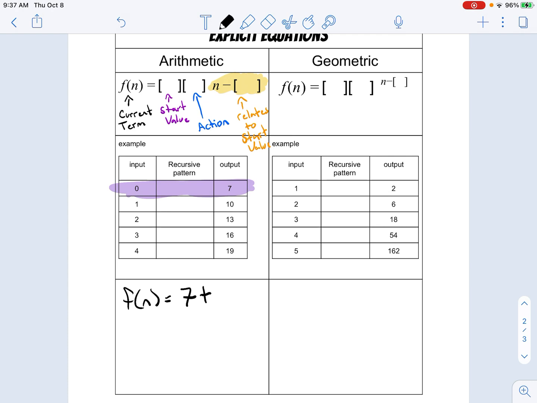And this time we're adding 3. So I'm actually going to change that to be green, because that's what we did up top. So plus 3. And then the question is here is n minus what? Well, because our start value was 0, 7, we don't have to minus anything, so we're just going to multiply it by n.